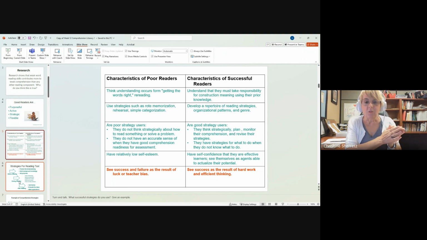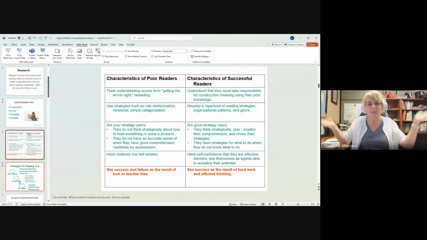So many times, what I'll do is students that make good grades, I'll have them stand up and I'll say, "What did you do?" And they'll say, "Well, here's how I studied. I reviewed my notes." It's important that you build that philosophy in your class that making good grades is a result of hard work and efficient learning.